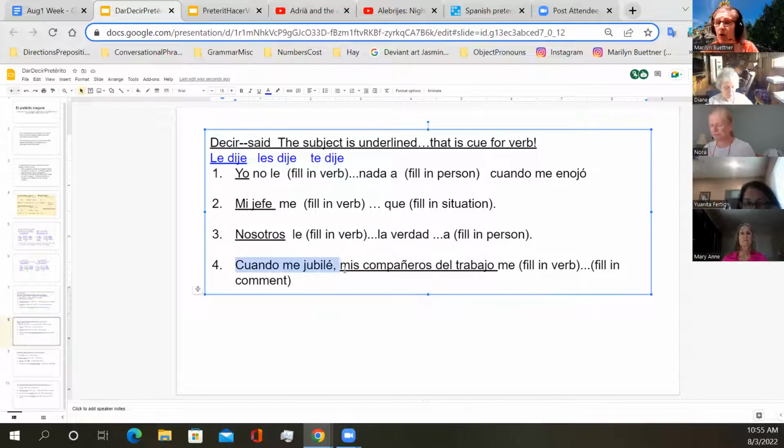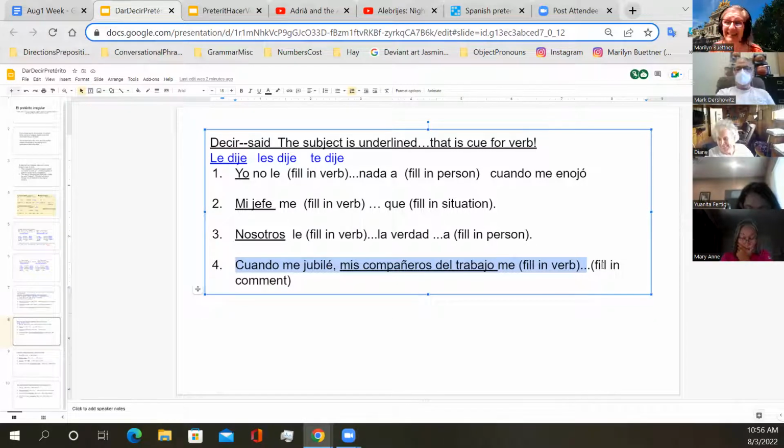Cuando me jubilé, when I retired. Cuando me jubilé. Mis compañeros de trabajo. What am I going to do with that verb? Dijeron. Me dieron, or me dijeron. Me dijeron adiós.